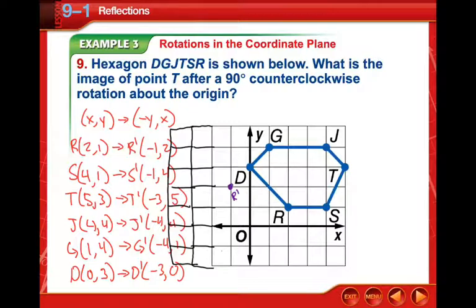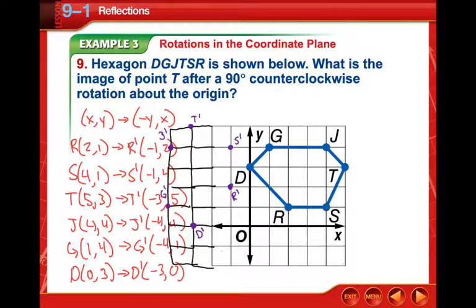S prime is at negative 1, 4. T prime is at negative 3, 5. J prime is at negative 4, 4. Sorry about the motorcycle driving by. G prime at negative 4, 1. And then D prime at negative 3, 0.